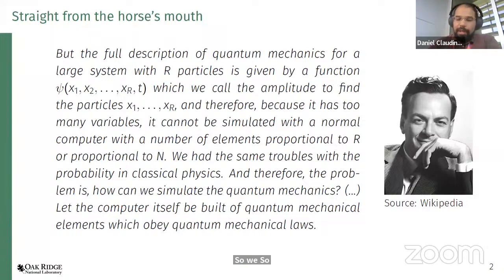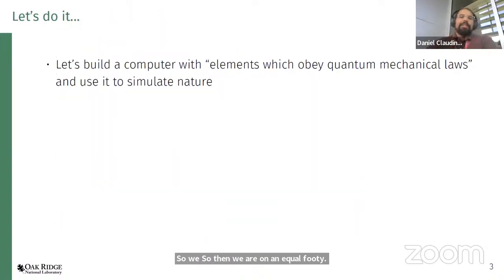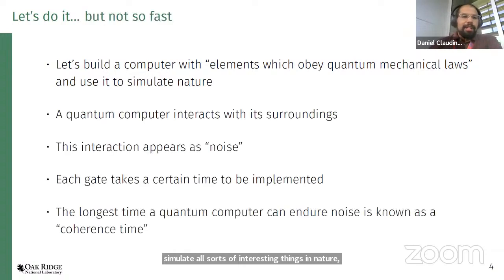Then we are on an equal footing. So let's do it then. We know the problem, we know how to do it. So why don't we just build this computer with elements that obey quantum mechanics and use it to simulate all sorts of interesting things in nature, molecules, materials, solids, and so forth.